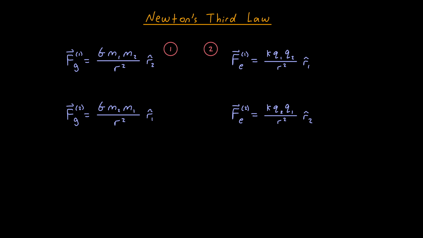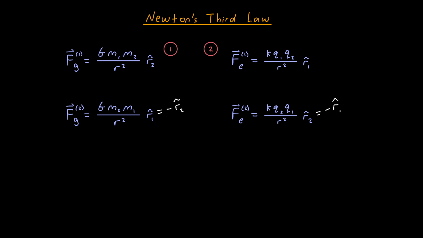And there's a really interesting relationship here where r1 hat, meaning in the direction of particle 1, is by definition equal to the opposite of r2 hat, because r2 hat means in the direction of particle 2, which is the opposite way. And similarly over here, r2 hat is equal to minus r1 hat. These are the two opposite directions. r1 hat points from particle 2 to 1, and r2 hat points from particle 1 to 2.